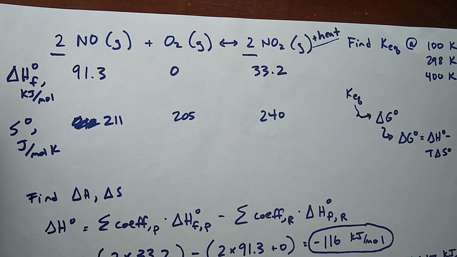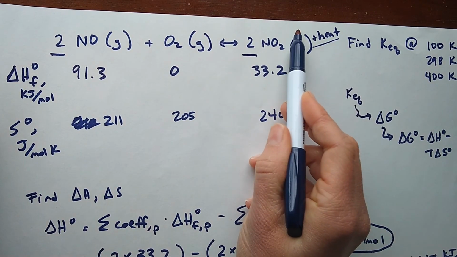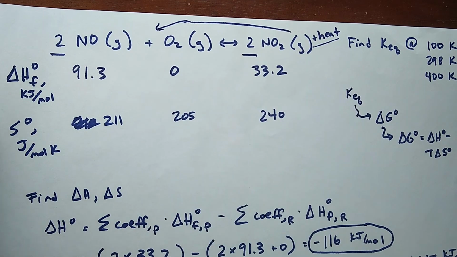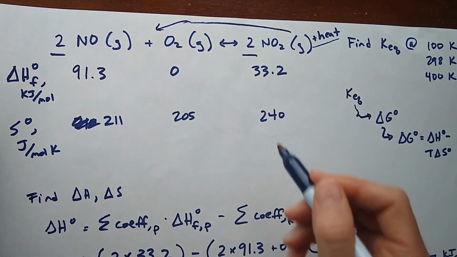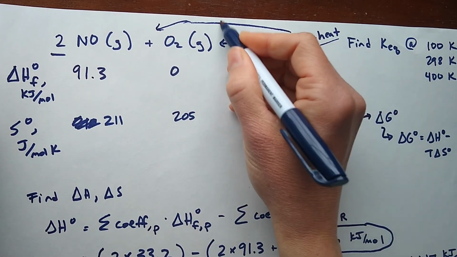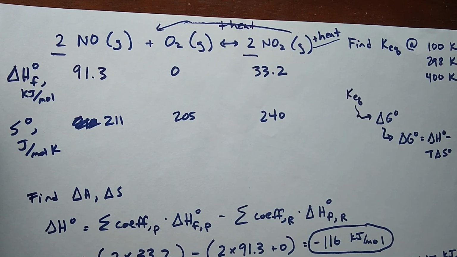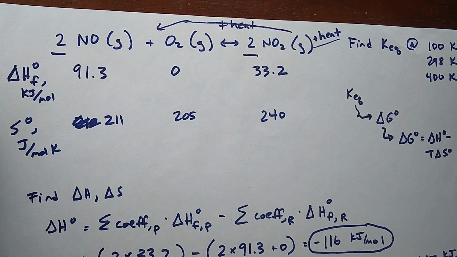And from a simplistic Le Chatelier's principle point of view, that means I'm favoring the reactant side of the equilibrium system. So when I add that heat in, I'm favoring formation of the reactants. That's the same thing as being non-spontaneous as written, and it's the same thing as having an equilibrium constant less than 1. All right, I hope that was helpful.